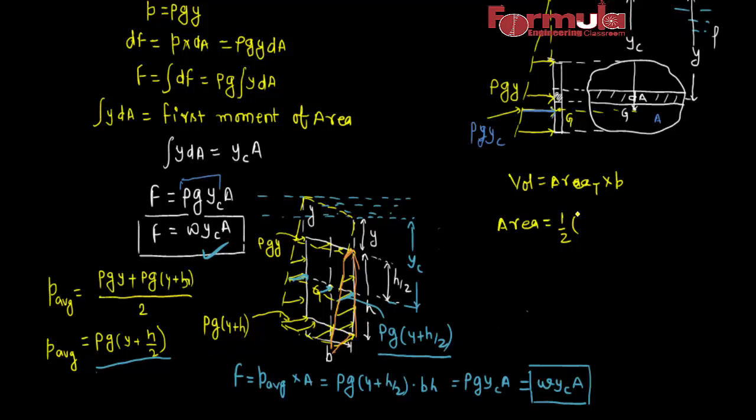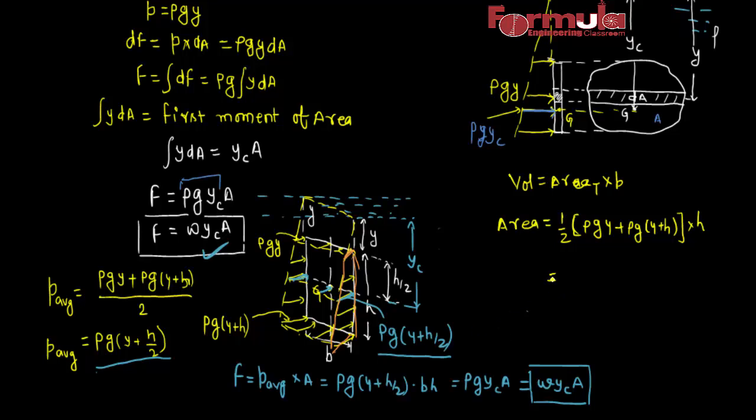So we can write rho g y plus rho g y plus h, into the height of the trapezium, which is h.